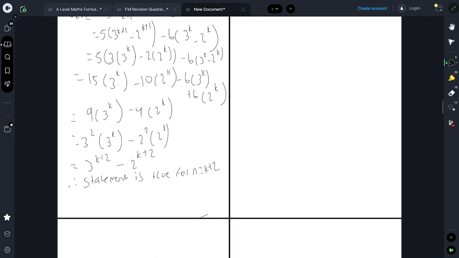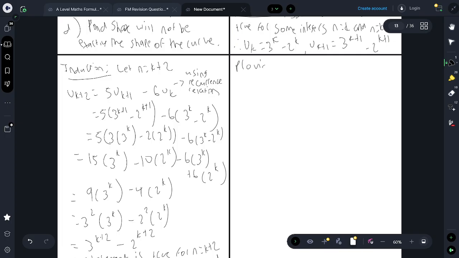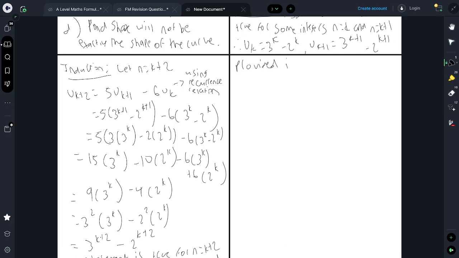So again, the statement is the same. So therefore, since the statement is true for n is 1 and n is 2, and is also true for any given number n is k plus 2, provided our assumption is true, so provided it is true for n is k and n is k plus 1.